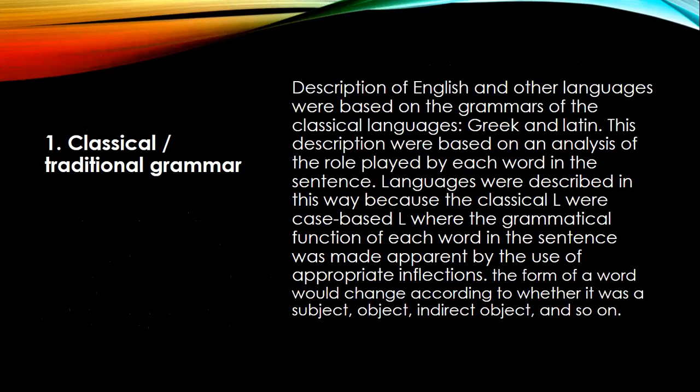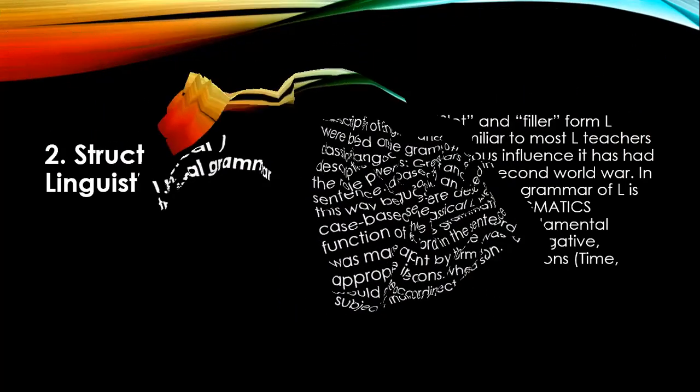Languages were described in this way because the classical languages were case-based languages where the grammatical function of each word in the sentence was made apparent by the use of appropriate inflection. The form of a word would change according to whether it was a subject, object, indirect object, and so on.